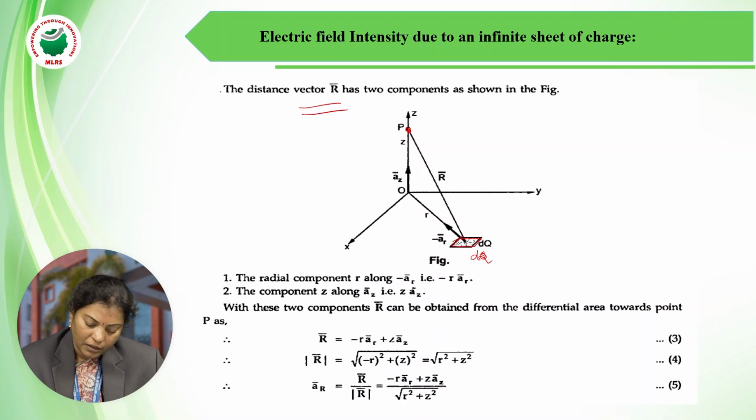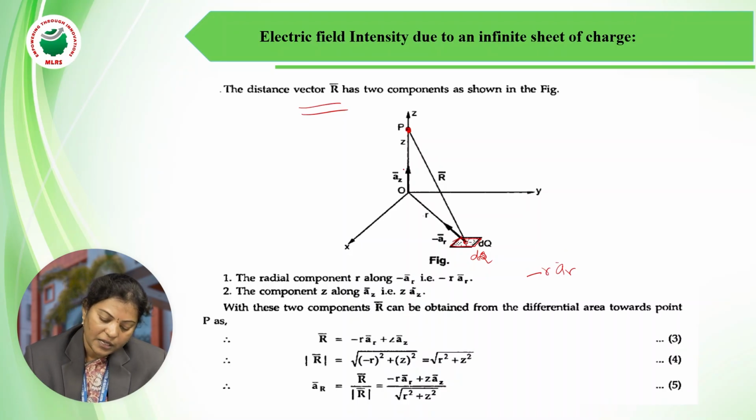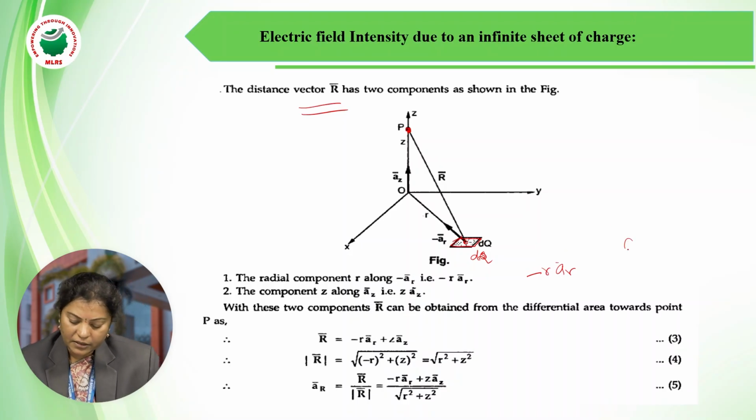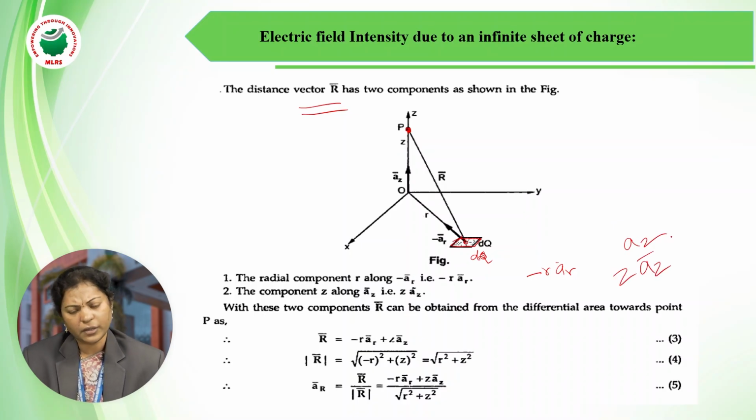So r is the distance vector from this point to point P. This distance vector has two components. One is along the radial direction, that is minus r into ar. One more component is along the z axis, that is z into az.